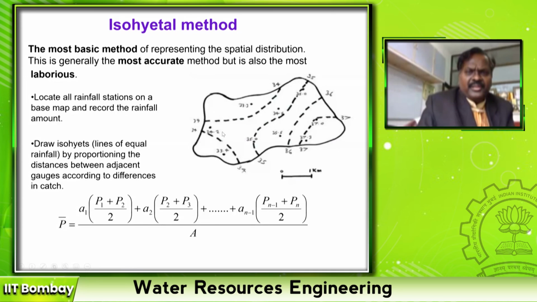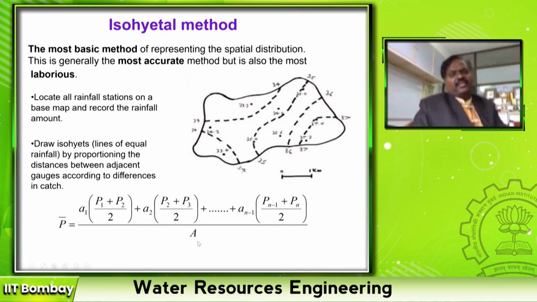For example, this area is represented with 3 rainfall. Then take the average of this 3 rainfall and multiply it with this area. I think you know how to measure the area on a graph sheet. You can use graph paper or you can use a planimeter. Then the average rainfall is the sum of area into rainfall divided by the total area of the basin.